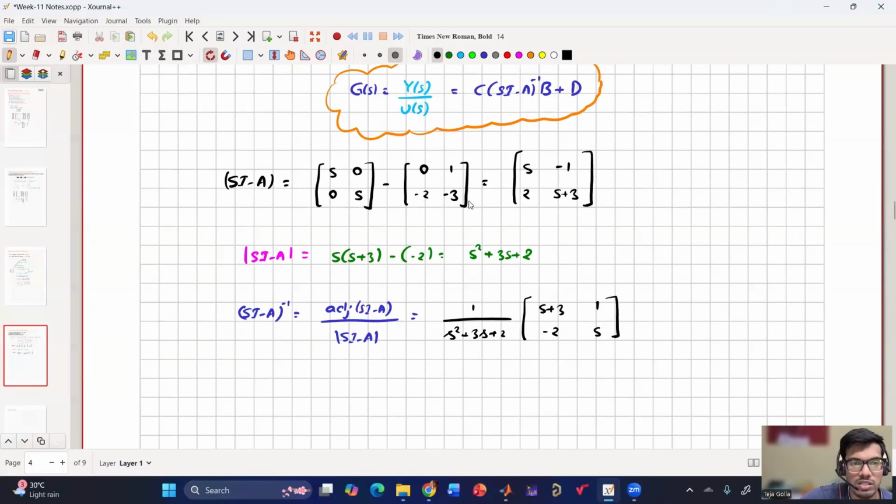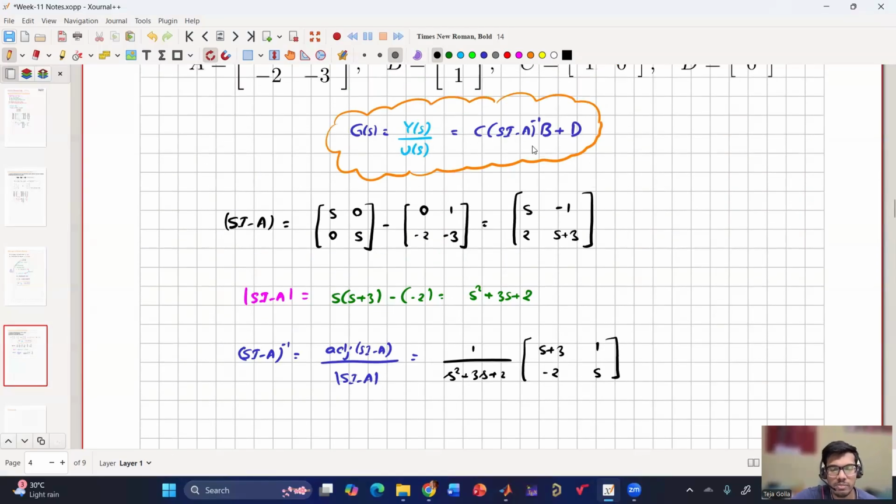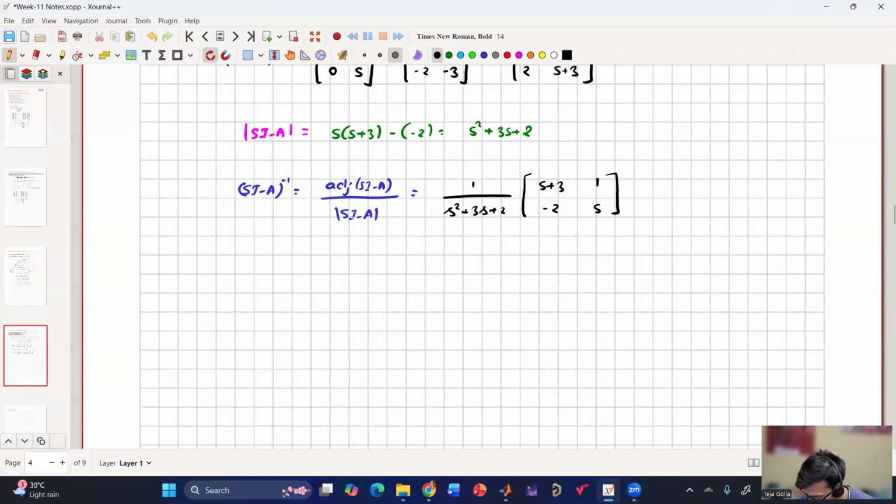But for the transfer function, I have to calculate C into (sI minus A) inverse into B. So my G of s is C into (sI minus A) inverse into B, and D is 0. So I'll not cancel anything. I'll keep the determinant as it is, and I'll perform the matrix multiplication so that I'll get the final transfer function.